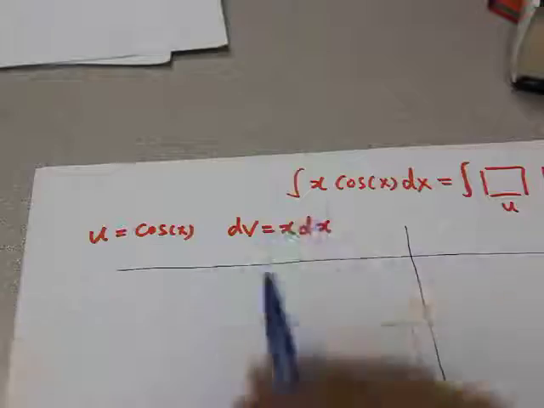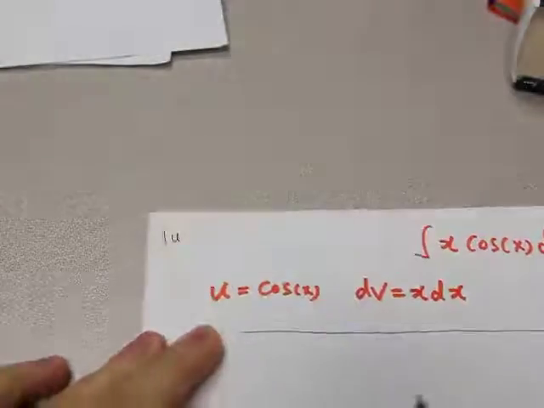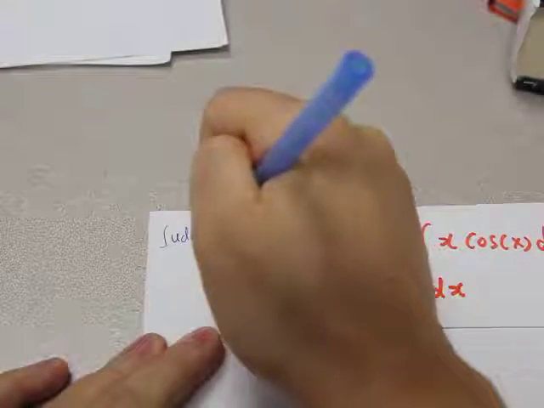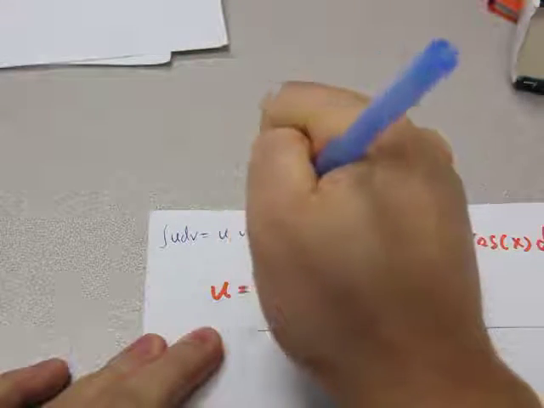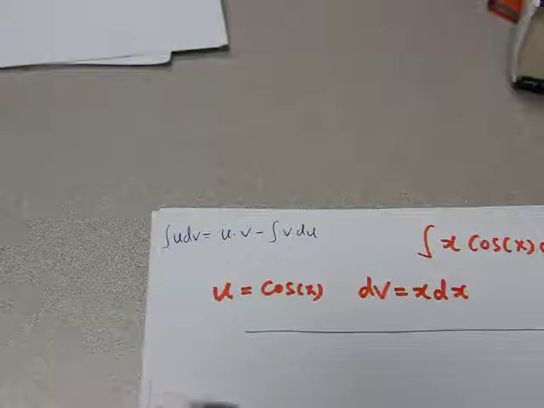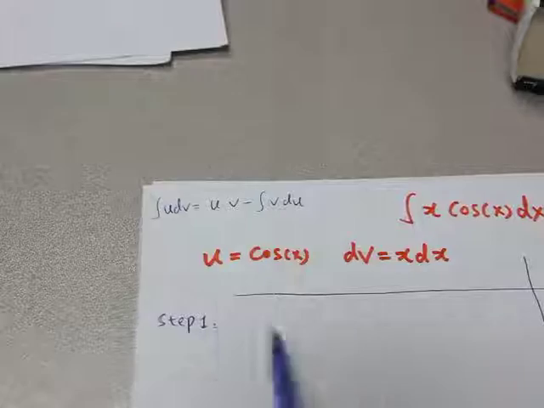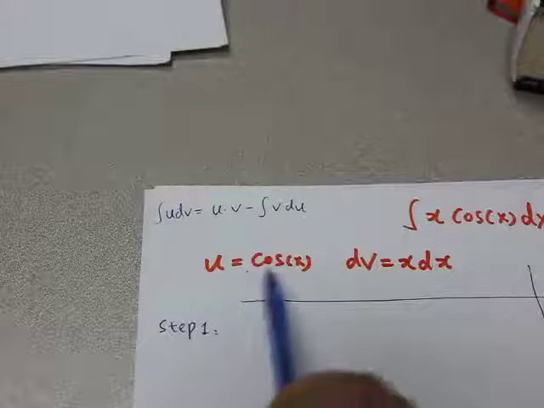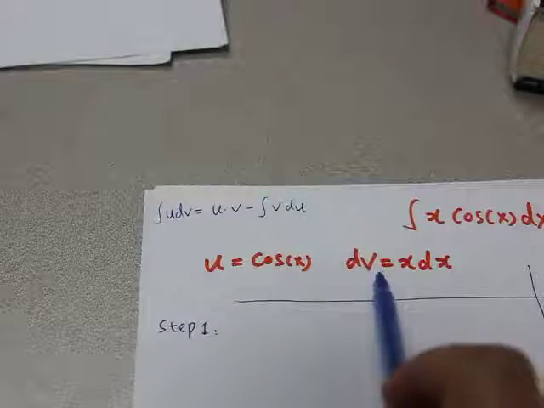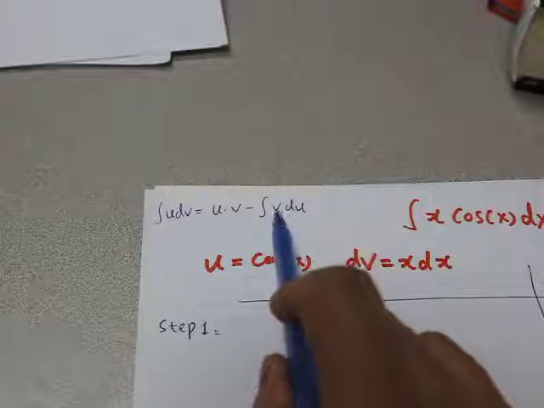So let me write the formula over here, the formula for integration by parts. After we determine these two terms, the first step is to figure out, according to your choice, what is du and what is v, right?